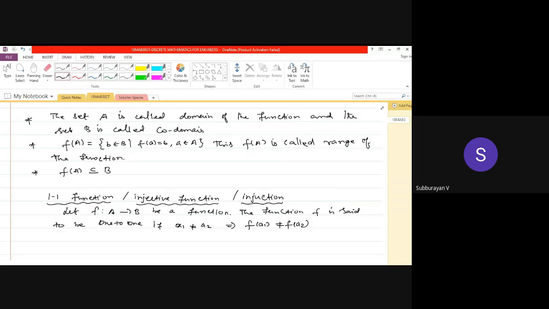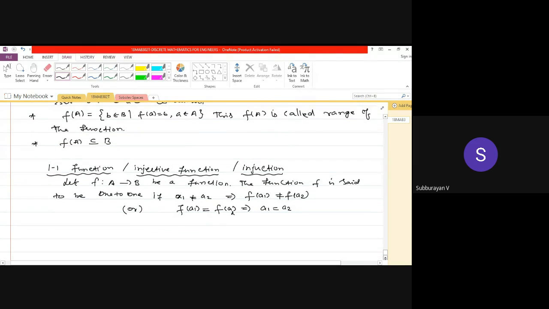Okay. See, the contrapositive of the above statement is: if f of a1 is equal to f of a2, which implies a1 equal to a2. See, this is the definition of a 1-to-1 function.